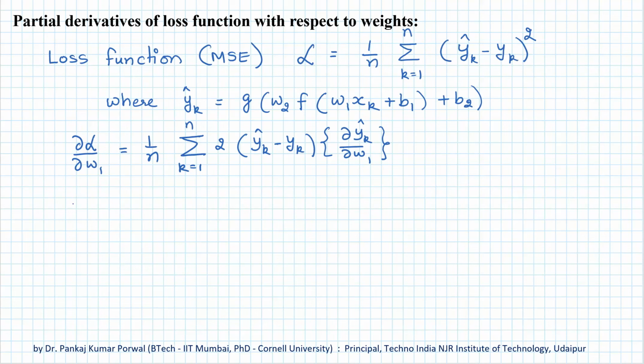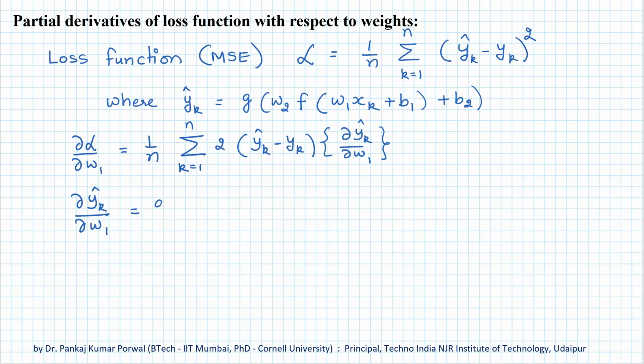So let's find that. del yk hat del W1 will be equal to, now yk hat is this expression and g is a function of W1 through f. So first I will have to do the derivative of g with respect to this whole thing.